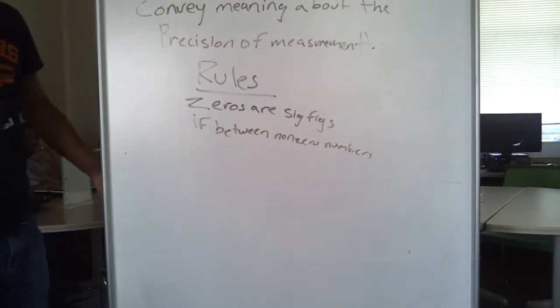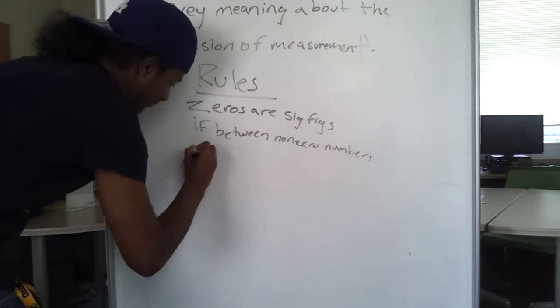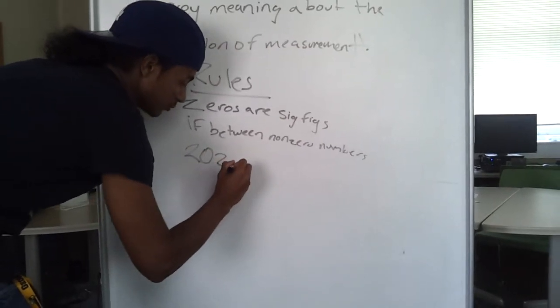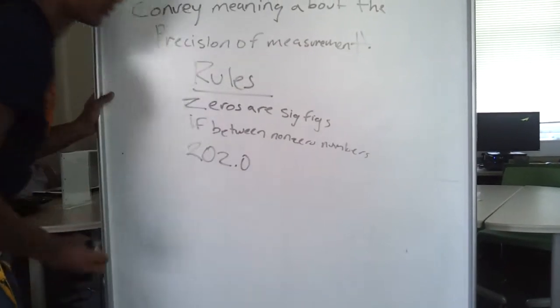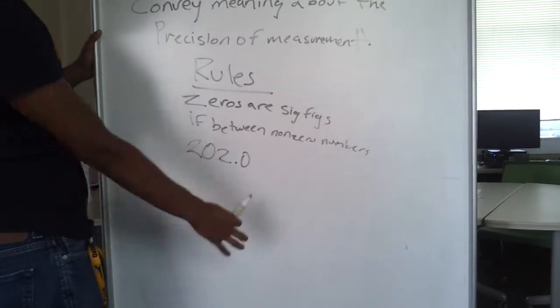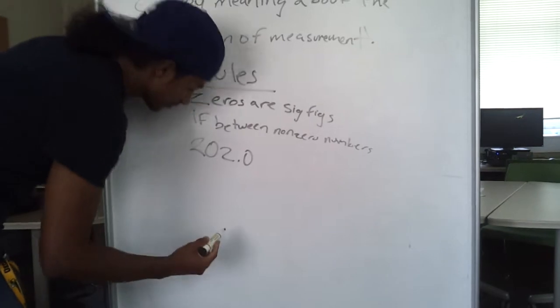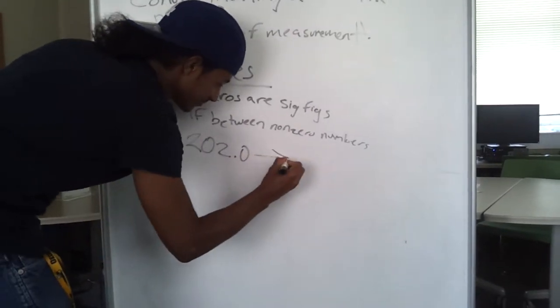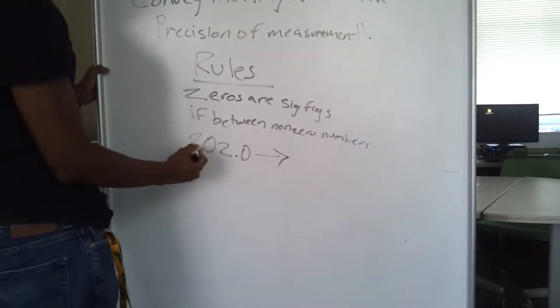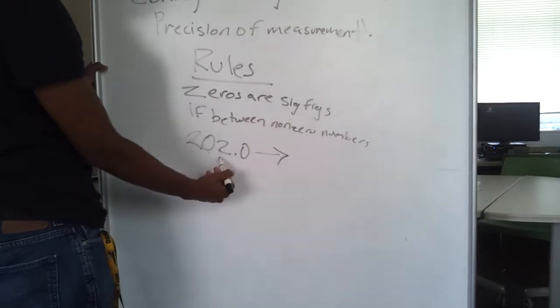An example of this would be 202.0. The zero in between the 202 will count as a significant figure. So here we will count the 2, the 0, and the 2.